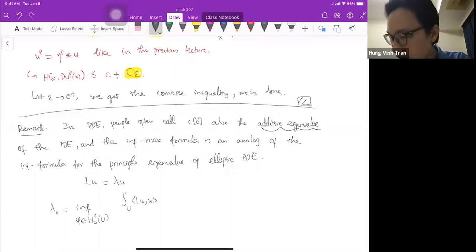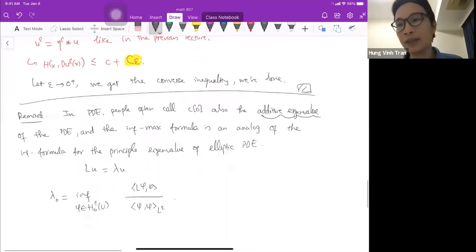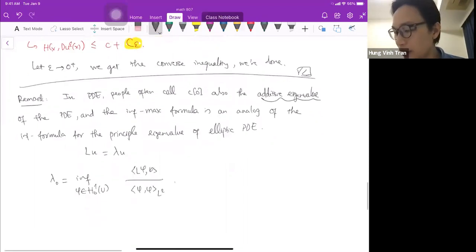No, this is not the correct way to write it. It's in the weak form. Okay, let me write this one: the integral of L phi times phi over the L2 norm of phi, over phi in L2. Okay, so that's reminiscent of, or an analog of, this formula.